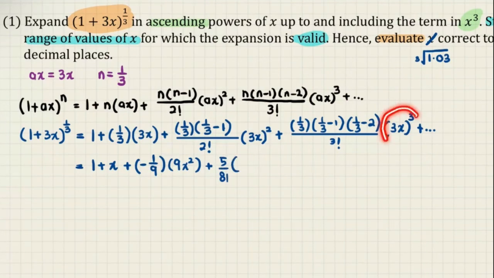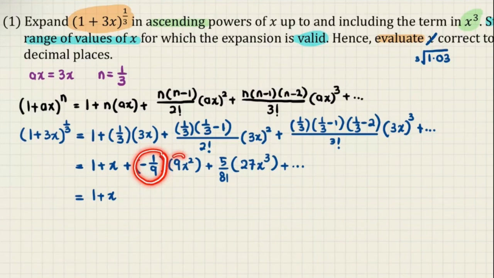And for this part, 3 kuasa 3 adalah 27. Oops. 27 x cube. Plus dot dot dot. Okay. Now, simplify lagi. 1 plus x. 1 over negative 9 times by 9 kita dapat negative 1.